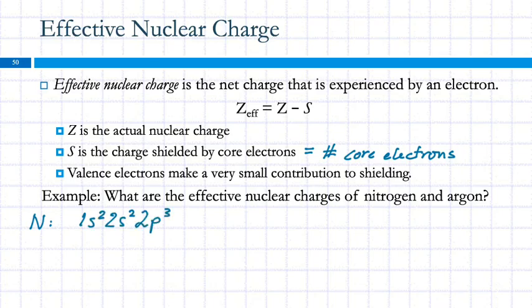Very good. 1s2, 2s2, 2p3. And if you need some help with that, review Monday's lecture. Okay, so which of those are the valence electrons? The 2s and 2p, right? These are the valence electrons. And so then these are the core electrons.